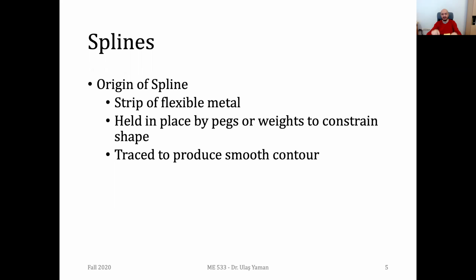With the help of these control points, like pegs, they obtained smooth shapes. As you see, the red one is the flexible metal, and these are our pegs. You can say that they are kind of control points.